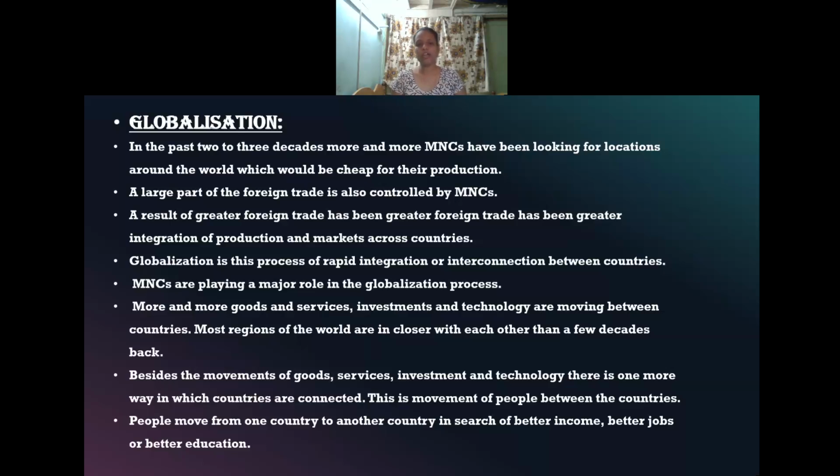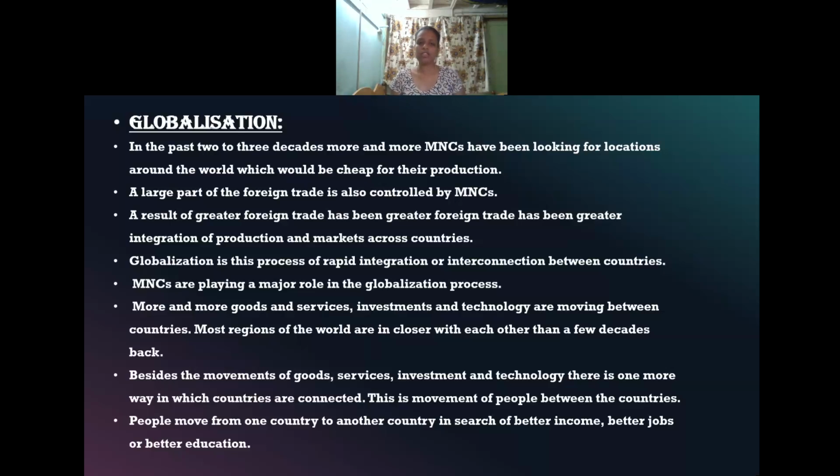Besides the movement of goods and services, investment and technology, there is one more way in which countries are being connected. That is the movement of people between countries. People go and settle in some other place for better education, better income, better jobs, in search of other facilities, etc. People move from one place to another for these reasons. So this is also the concept of globalization. Not only do we exchange goods and services, but also people, if they are getting better income, a better job, or better education facilities in that country, then people will move from one place to another.